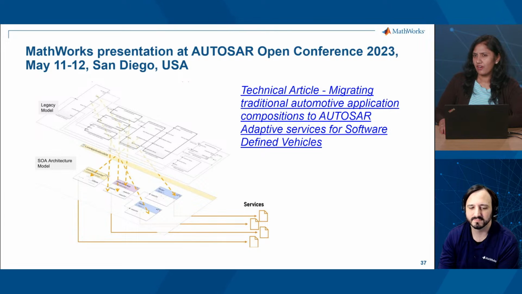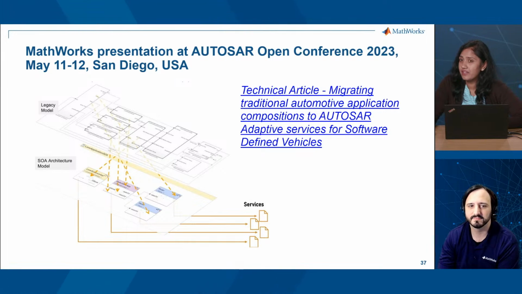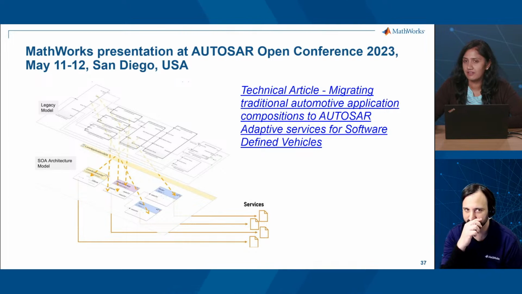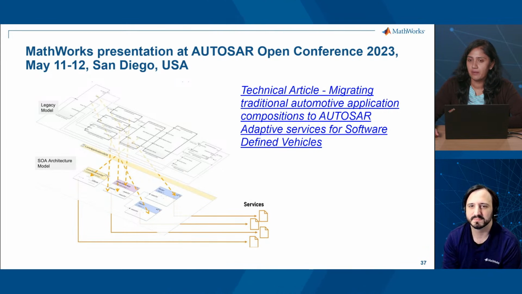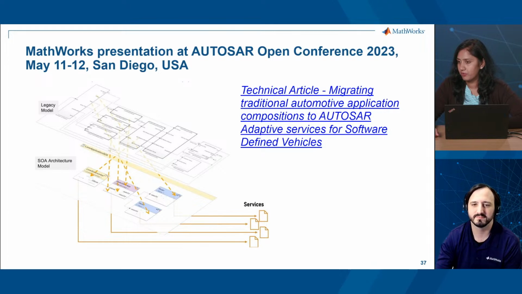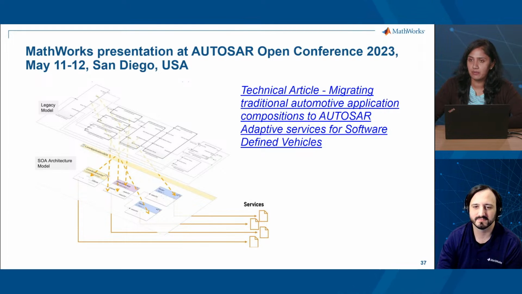So going back to Josh's question, is there a requirement for customers to move from AUTOSAR Classic to AUTOSAR Adaptive? I said it really depends on the applications, but I'm seeing a few customers who would like to migrate their traditional automotive applications, which use signals-oriented communication, to service-oriented to be more agile and help support these compute-intensive applications.